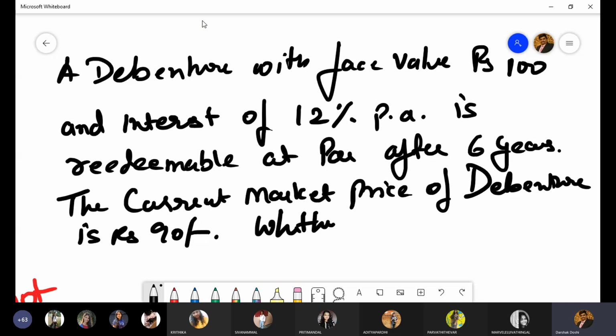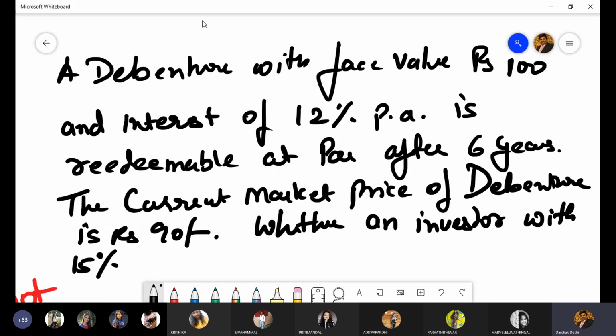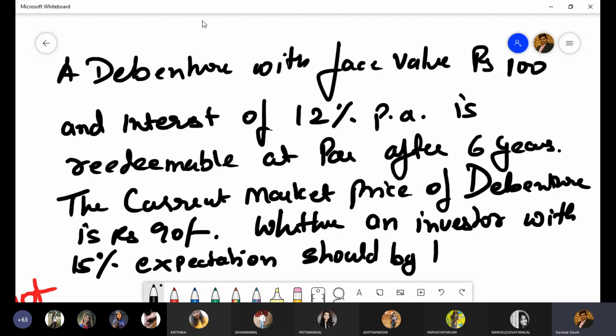Whether an investor with 15% expectation should buy the debenture. Can you find out the bond value from this? Once you have copied down the question, find out the bond value.